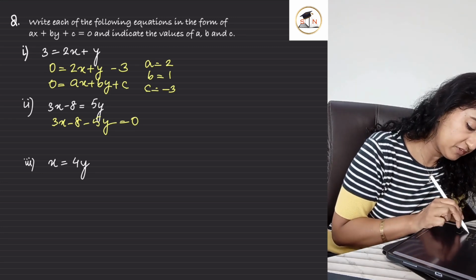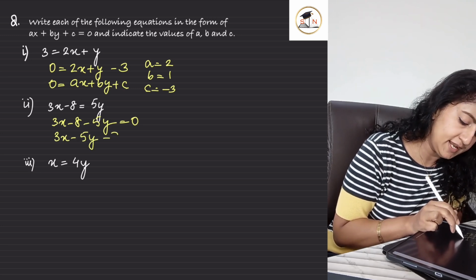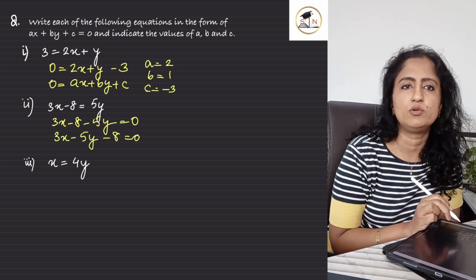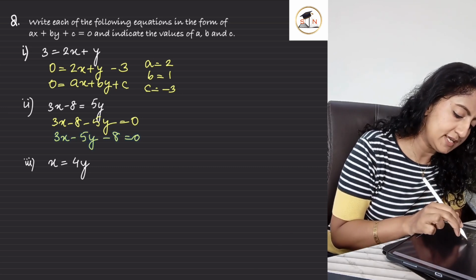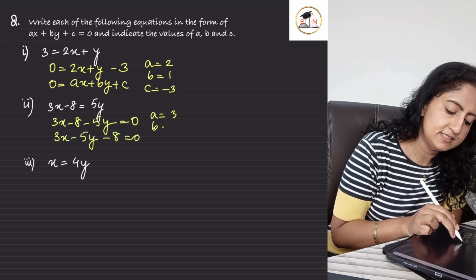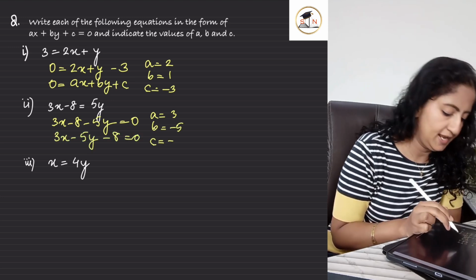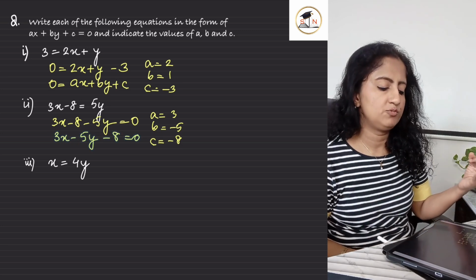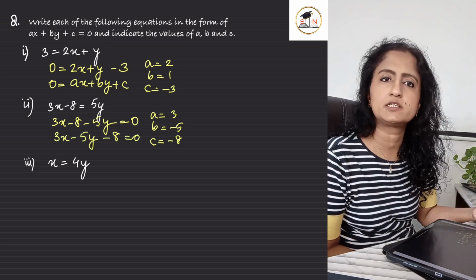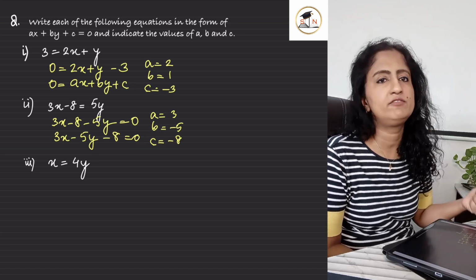So we get 3x minus 5y minus 8 equals 0. Okay. Now, what is our a? A is 3, b is minus 5, c is minus 8. So in this example, we saw that a was positive 3, b was negative 5, and c is negative 8.